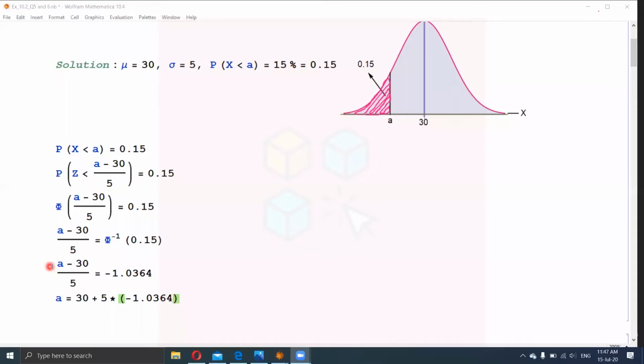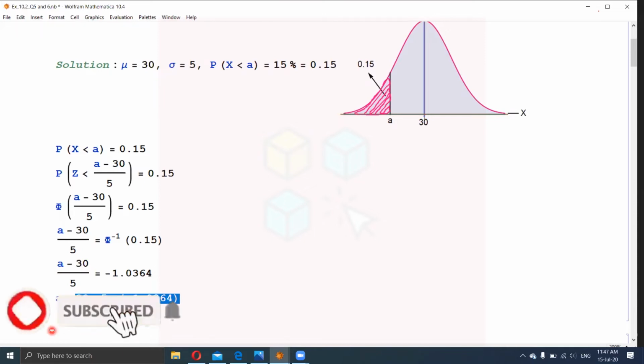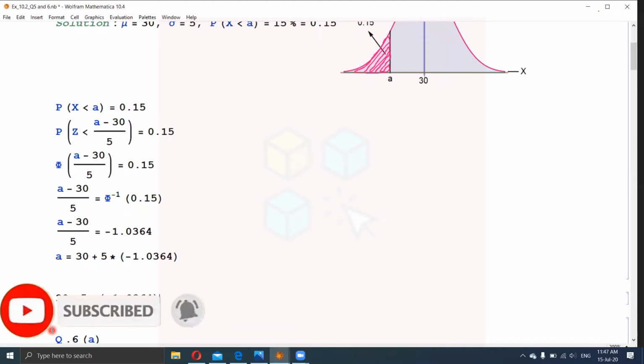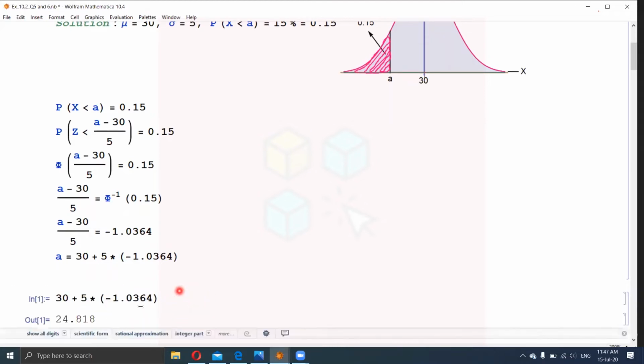This equation will be solved for the value of A, and A is equal to 30 plus 5 into minus 1.0364. Its answer is equal to 24.818.